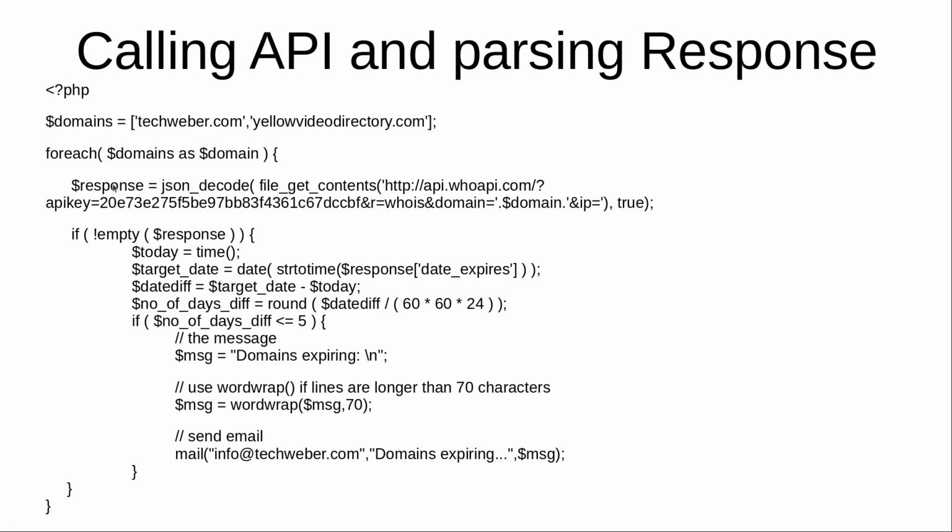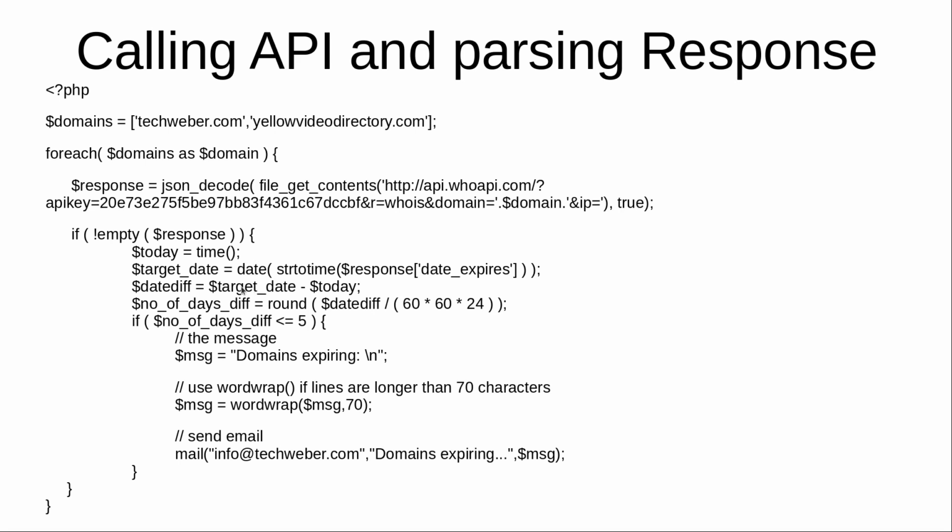Once we have the response in a JSON decoded array, we check if the response is not empty, and then we take today's date time and we convert the expiry date time to Unix timestamp format.